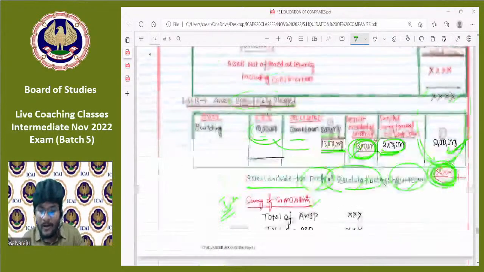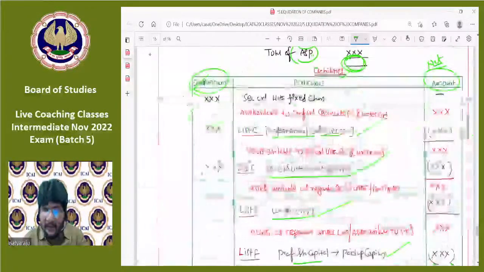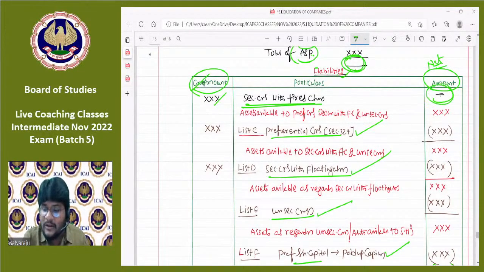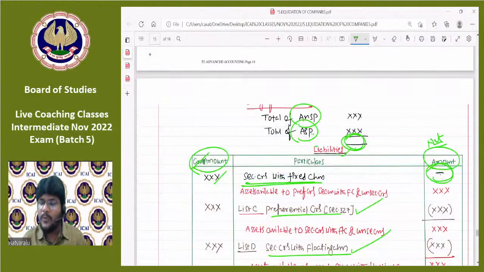One of the liabilities exists as secured creditors with fixed charge. That secured creditors with fixed charge you also need to present under the liabilities head, but it is not presented under the net column. Do you know the reason? We already paid it in list B itself. That's why under net column, don't present it. Just under gross column, present it.